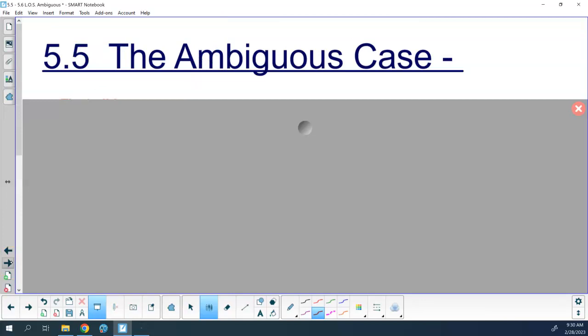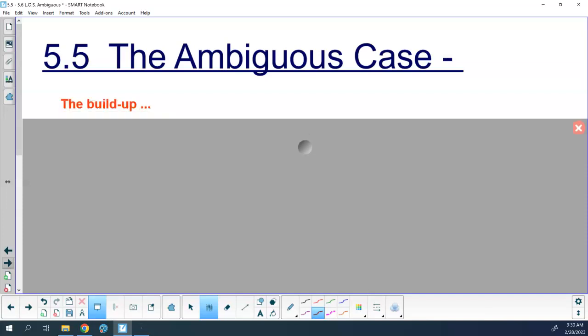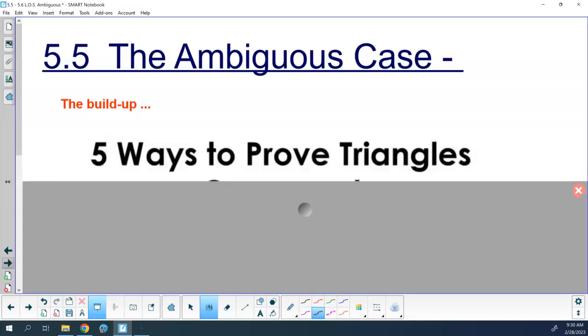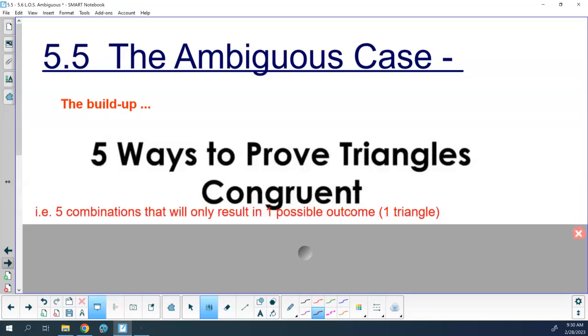So let's talk about the ambiguous case of the law of sines. So first off, we've got to build up what the ambiguous case is. Okay? So there are, in geometry, 5 ways to prove that any two triangles are congruent. The nice thing is those 5 ways represent combinations that only give you one triangle.